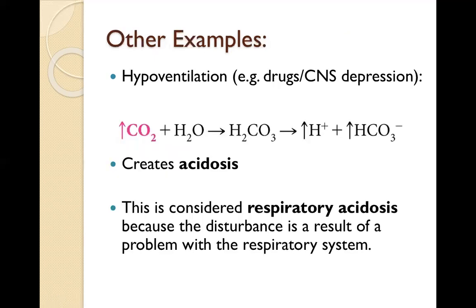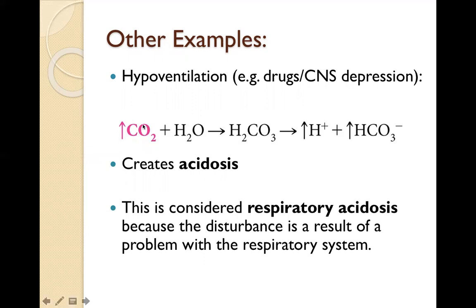A couple of examples. So here's an example of how a ventilation disturbance can cause an acid-base problem. Let's say, for example, we are in the state of hypoventilation, where we're not breathing in enough. That hypoventilation also means that we're not breathing out as much carbon dioxide.